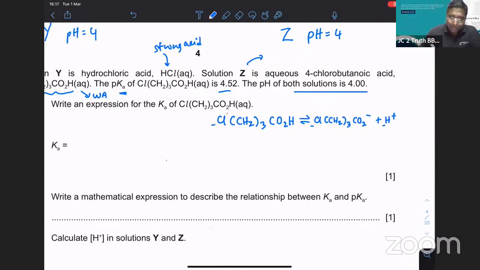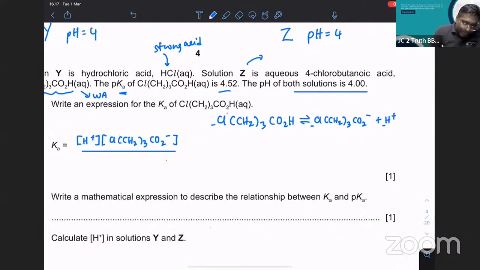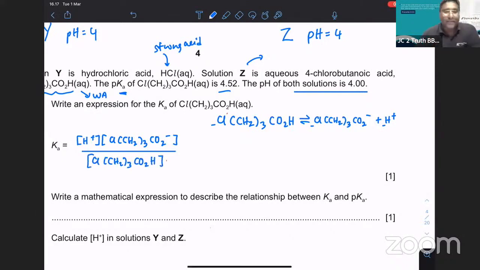You just need to put brackets to show the concentration of H plus, and then ClCH2CH2CH2CO2 minus, because these are the products, and then you divide by the reactant, which is ClCH2CH2CH2CO2H. Make sure you close the bracket. This is the expression for Ka.